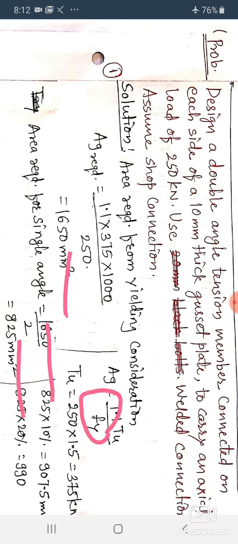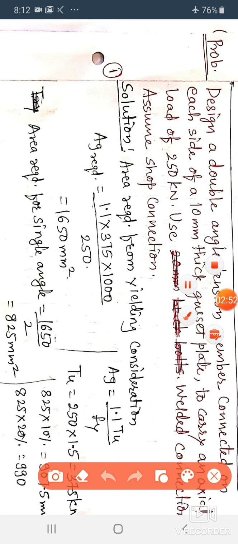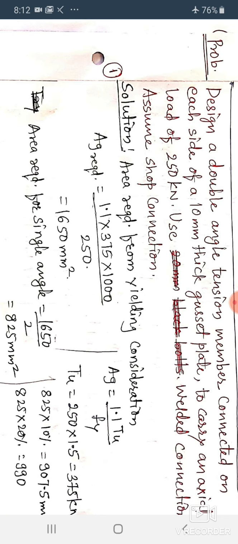As I told you, roughly we have to increase the area by 25% to 40% if it is a single angle section. But whenever you are designing a double angle section, in that case you just increase the area by 10% and 20%. So from this guideline you will be getting the area as 907.5 and 990.